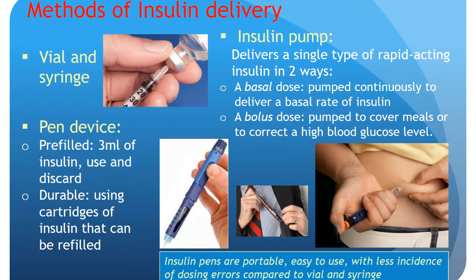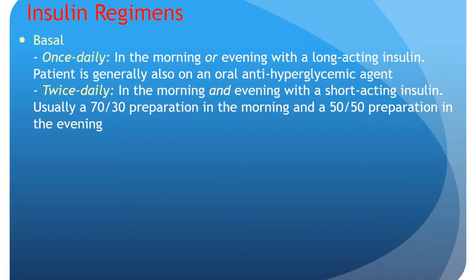What are the different insulin regimens? I'm not going to go into details, but here are the 3 insulin regimens. Number 1, basal. There is a common saying in managing diabetes by insulin: fix fasting first. Fix the fasting blood glucose level first.